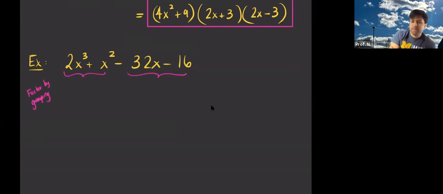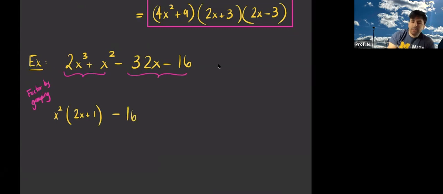So when I factor by grouping, the first group, I get an x squared out of here, and I'm left with a 2x plus 1. And what can I factor out of the second group? I can factor out a negative 16, right?